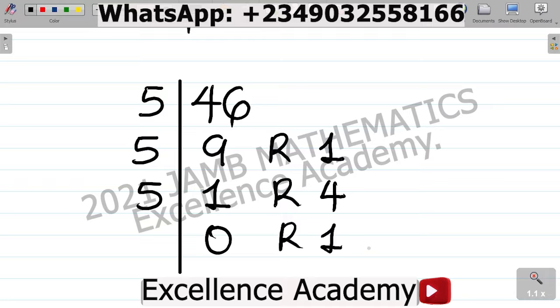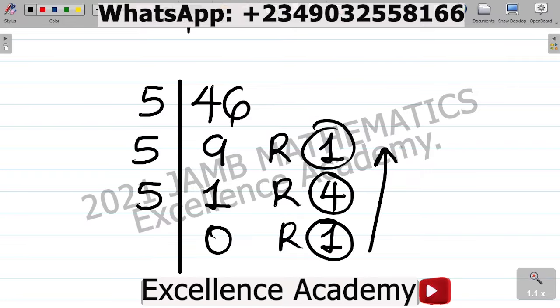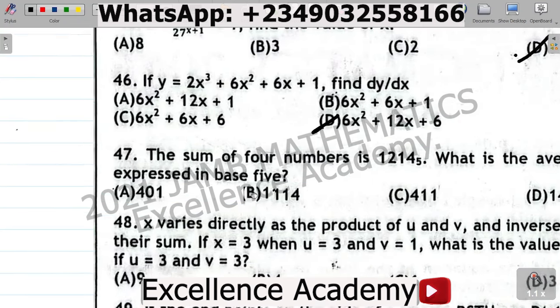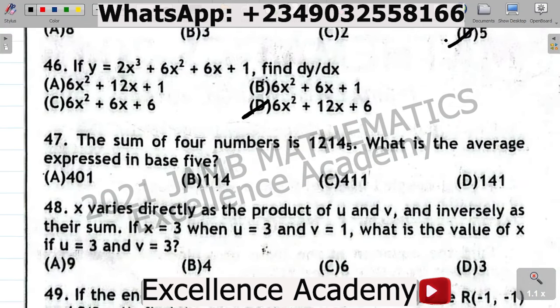You take the numbers from the bottom upwards, and from the bottom, we have 1, 4, 1. So hence, the average is 141 in base 5. So my answer is 141 base 5. Let's see if you have that option there. Yep, that's D. So the correct answer there is D, 141.